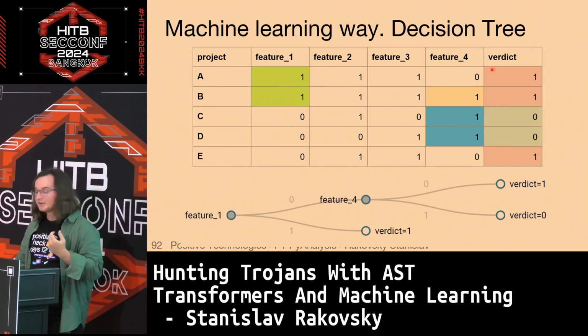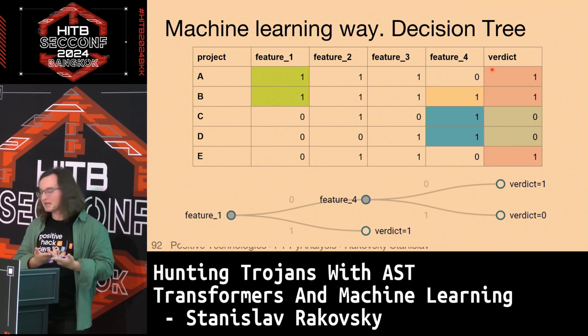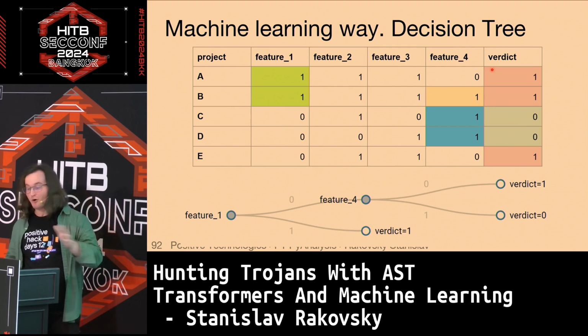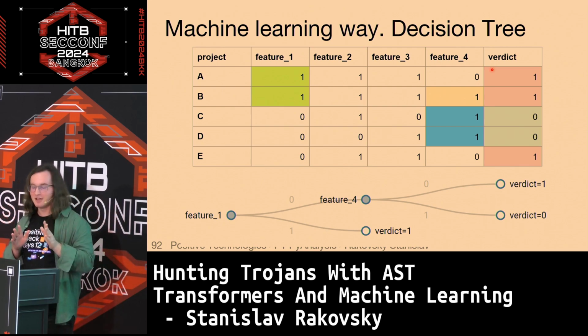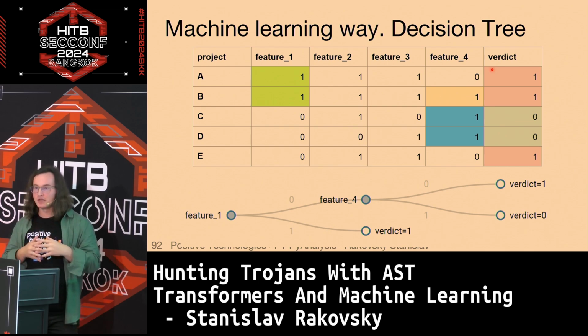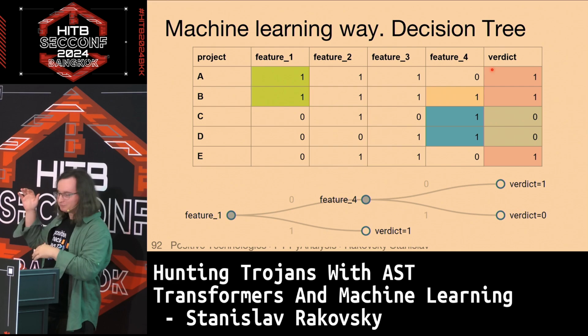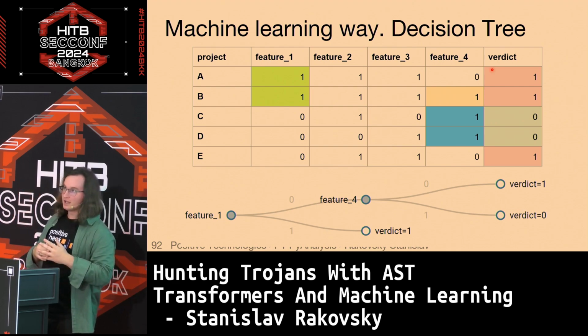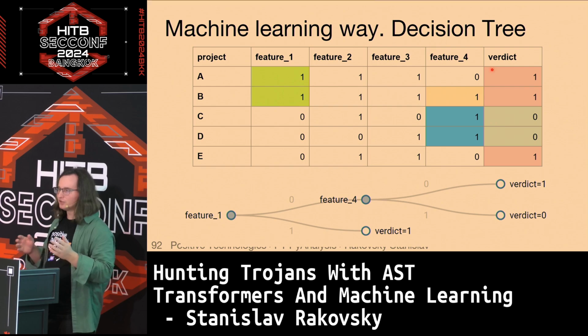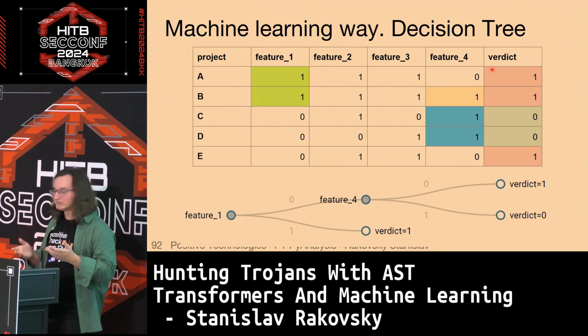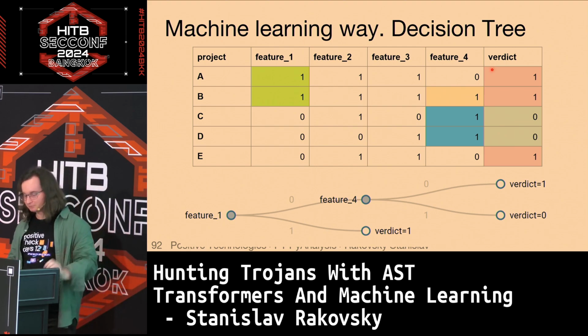So we can say that feature 4 can be a feature of benign packages. I need to repeat that this is oversimplified, because normally we have thousands of projects and nearly decades, not tens, of thousands of features.